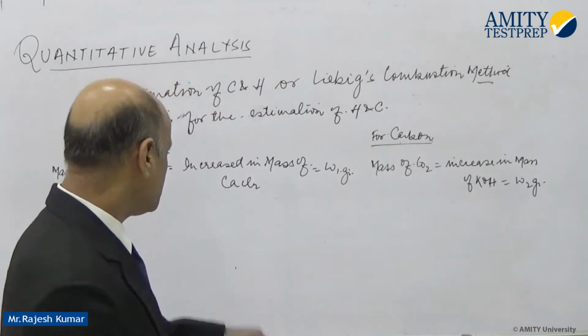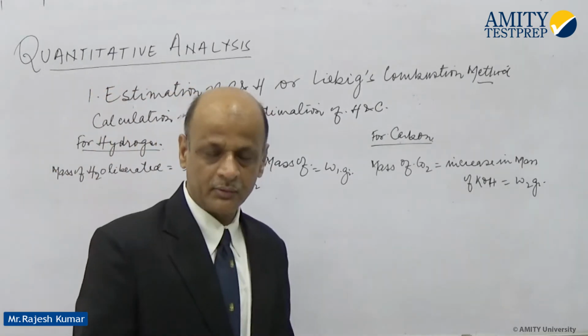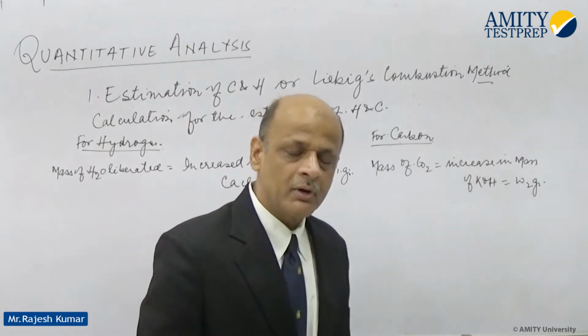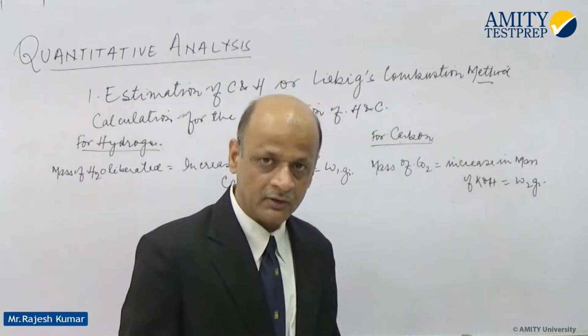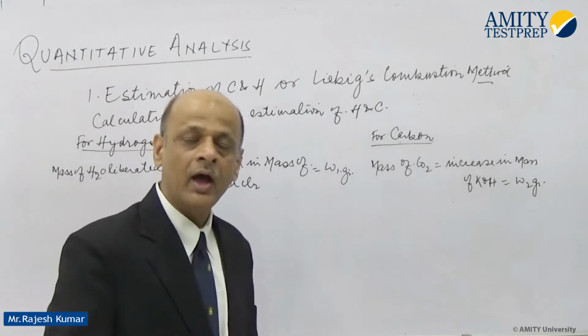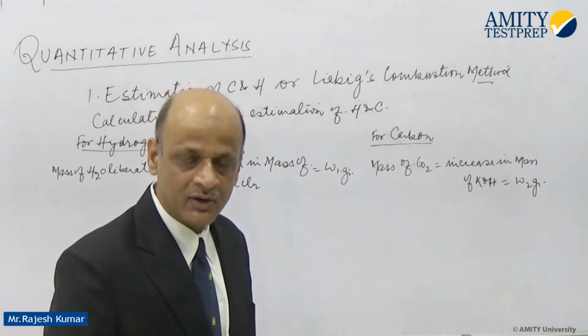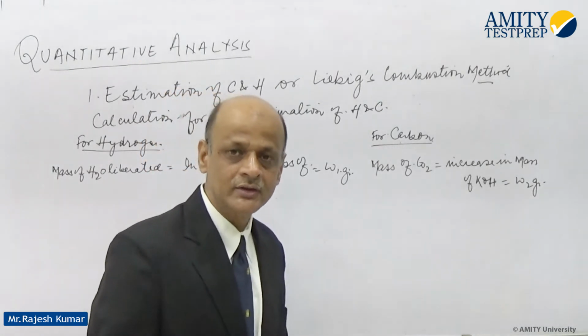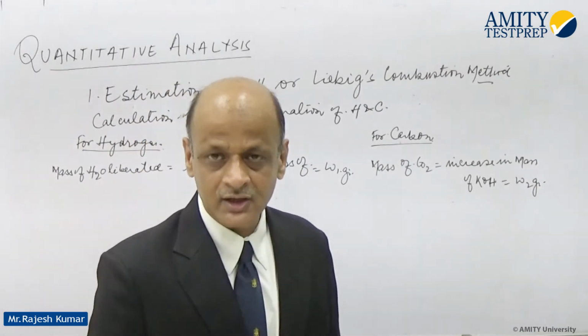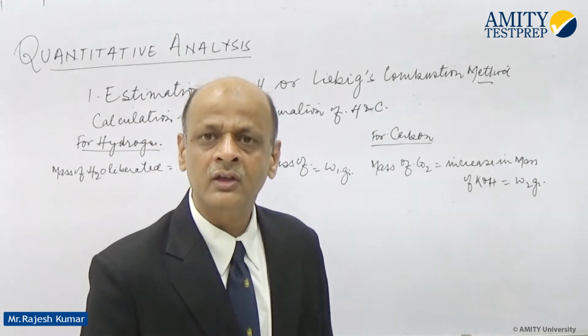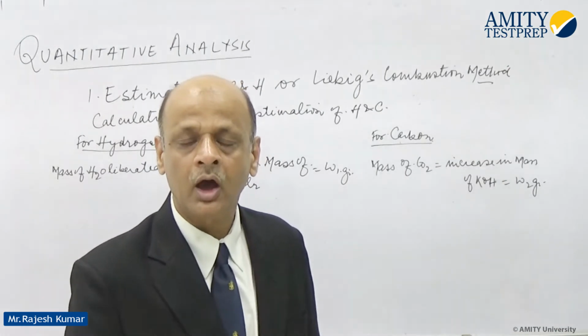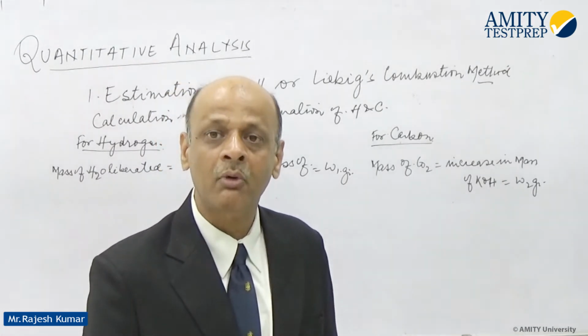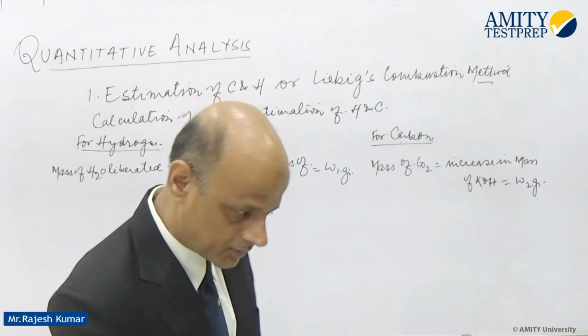So W1 is the mass of water liberated, and W2 is the mass of carbon dioxide liberated. The increase in mass of KOH as well as anhydrous CaCl2 will help us determine the percentage of hydrogen and carbon. How?